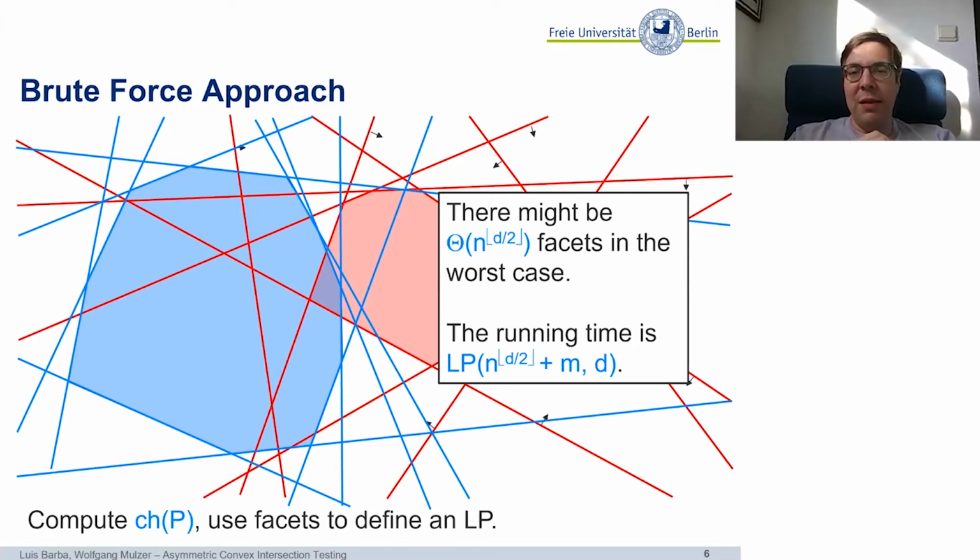So there might be a number of facets that's exponential in d. And then that means I would have to solve a linear programming problem in d dimensions. That's fine, but the number of constraints would no longer be linear in the number of points, but it might be exponential in d. Of course, I may be lucky, and the number of facets is less, but in the worst case, this may be bad. Okay, so that's one problem.